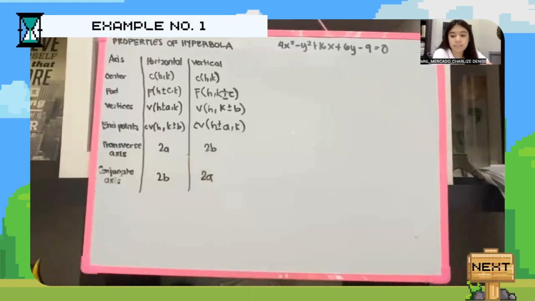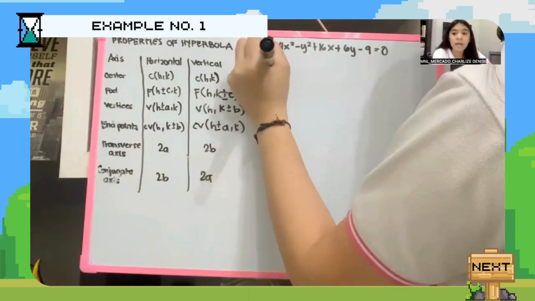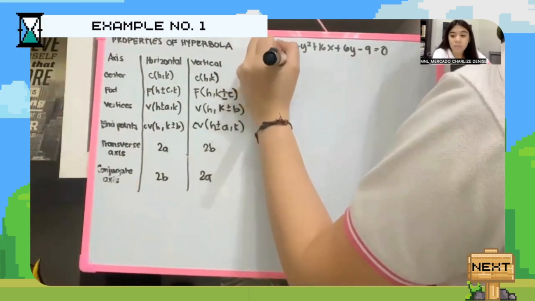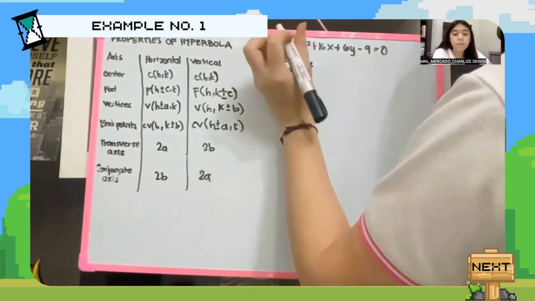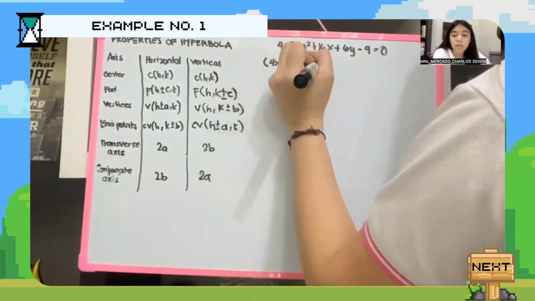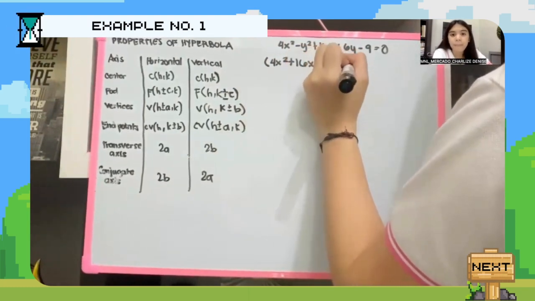So this is the first example of the equation of a hyperbola, and the given is 4x squared minus y squared plus 16x plus 6y minus 9 is equal to 0. We will transform this general form to the standard form of a hyperbola.